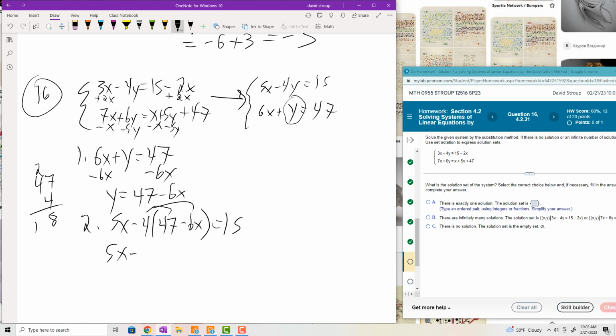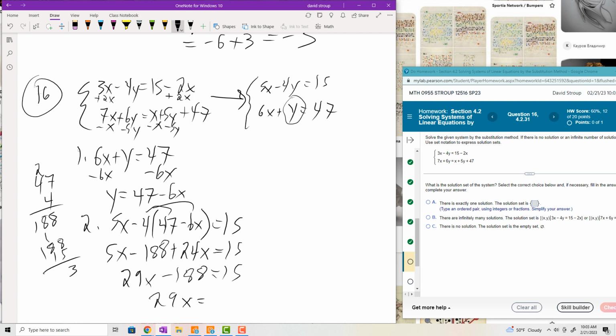Carry the 2, 16, 188 minus, plus 24x equals 15. Add like terms, so I have 29x minus 188 equals 15. Move the 188 over. 203.